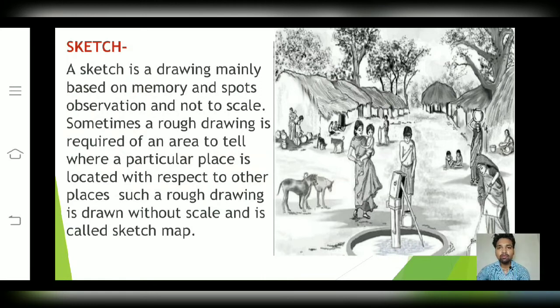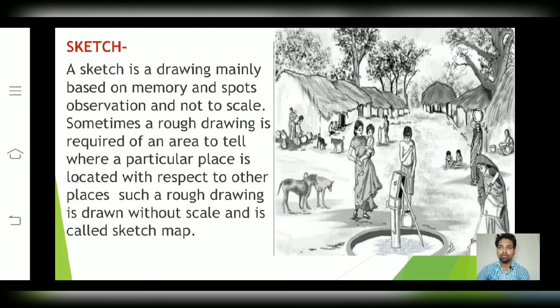You will try to make it on paper, but you are not able to locate all the objects accurately because as time passes your memory forgets some information regarding the village. So on the basis of the information present in your memory, you will make the map.